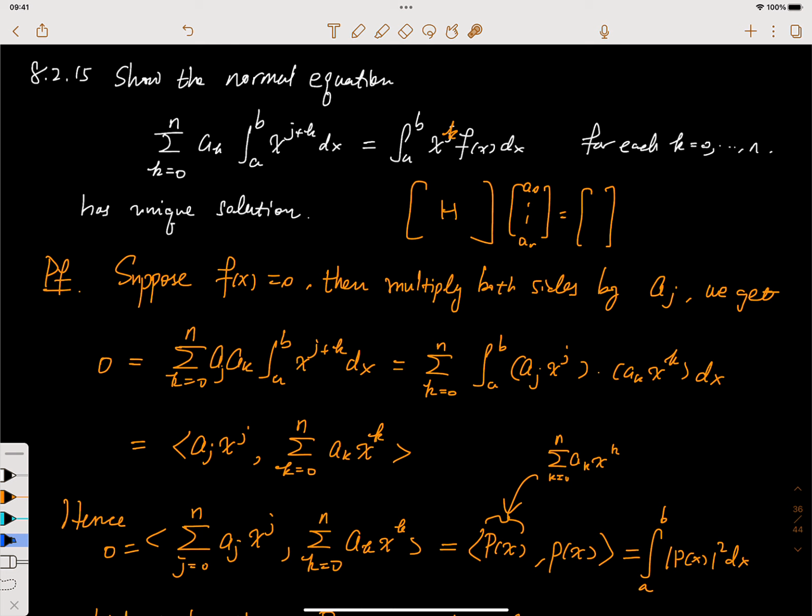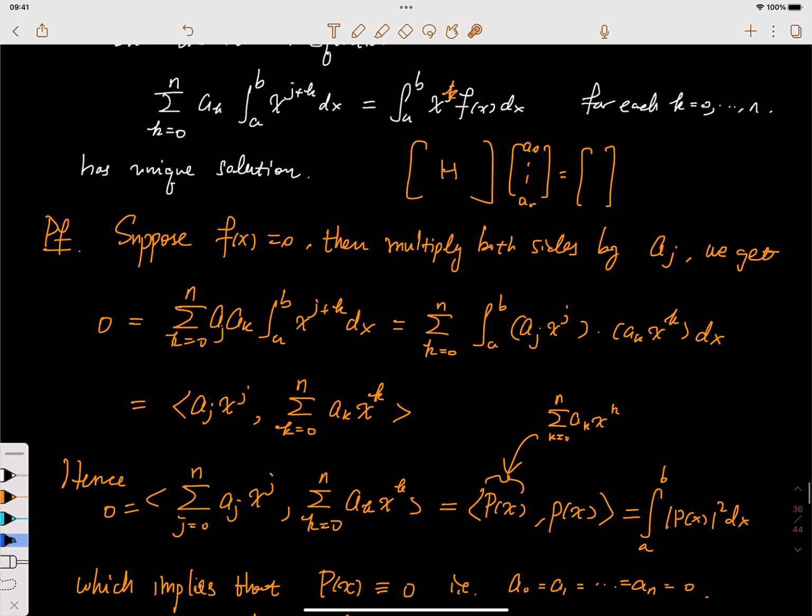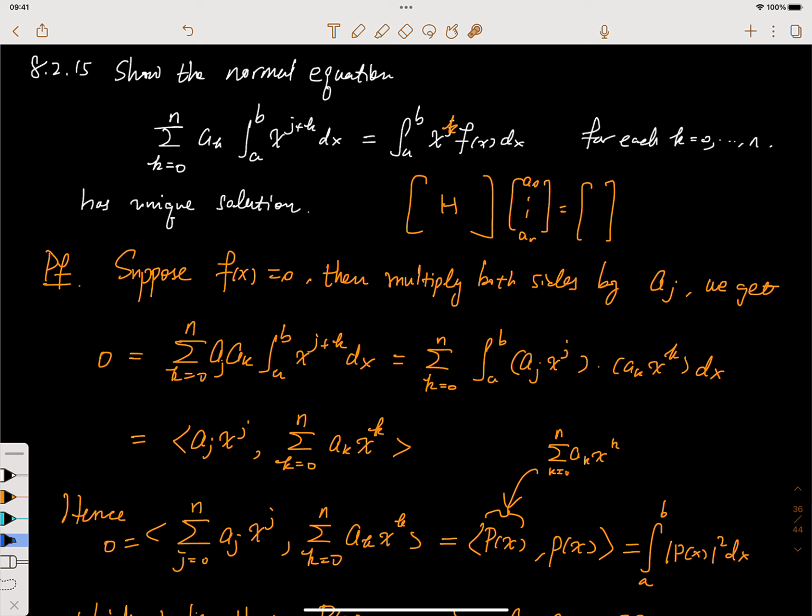Then you look at the left hand side. Because this is equal to 0, we can multiply this by a_j, and this side also by a_j. Multiplying a_j to 0 on the right hand side, it's always equal to 0. But on the left hand side, this multiplied by a_j will become this.